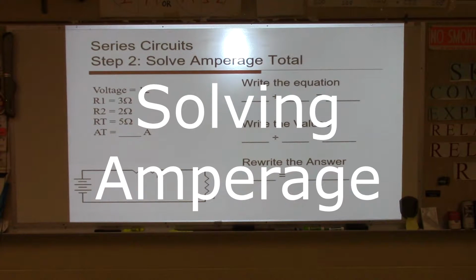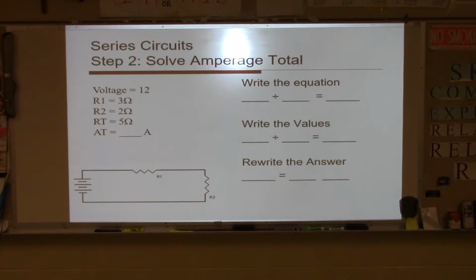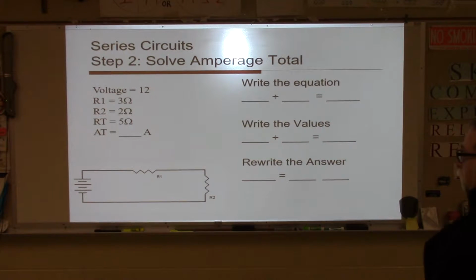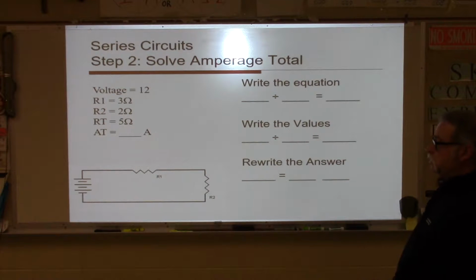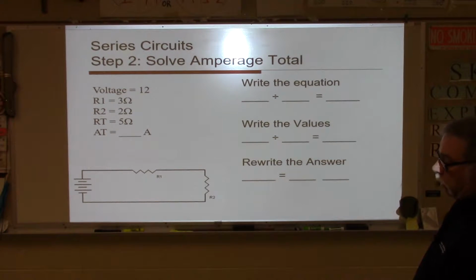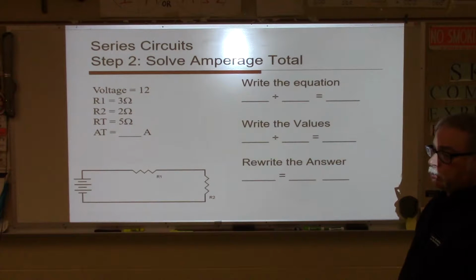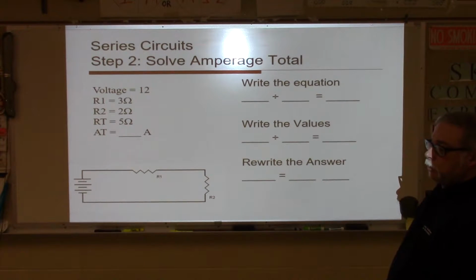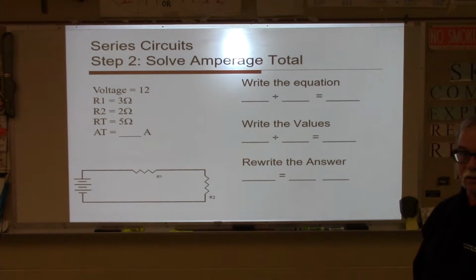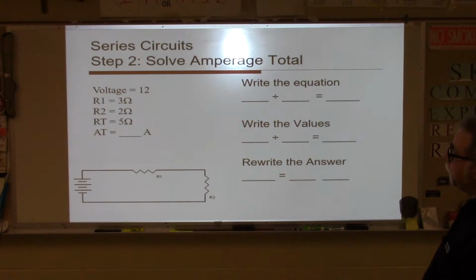The next step we're going to discuss is solving amperage total. Previously, we found the resistance total of the circuit, or maybe we already know the resistance total. We'll start by writing the equation, and using Ohm's law to solve amperage, we know that volts divided by resistance equals amps.